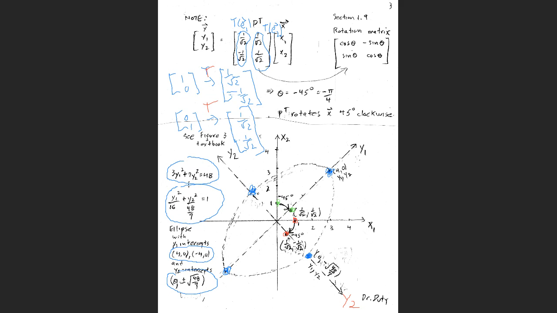You have new principal axes, y1 and y2, which are more convenient than the axes x1 and x2. And you can see the effect of this transformation is a 45-degree clockwise rotation.